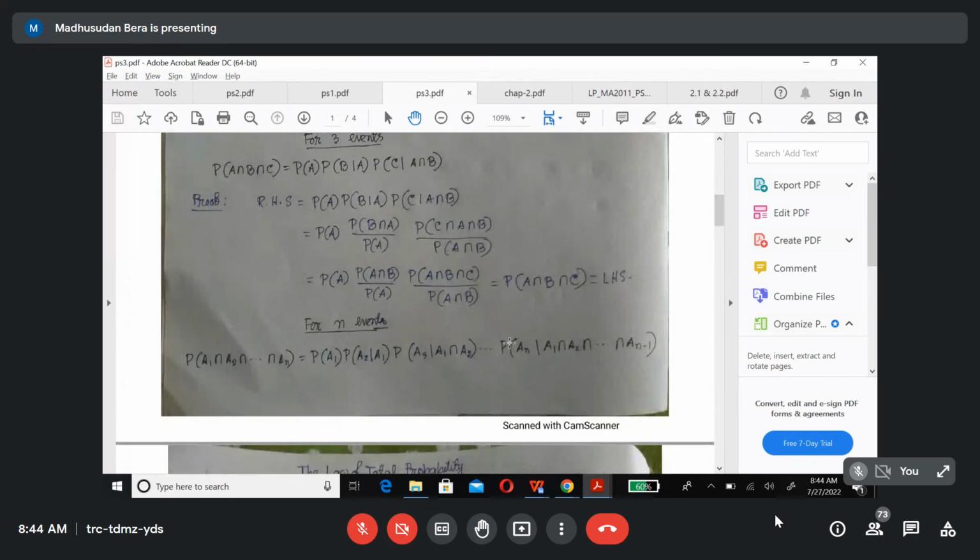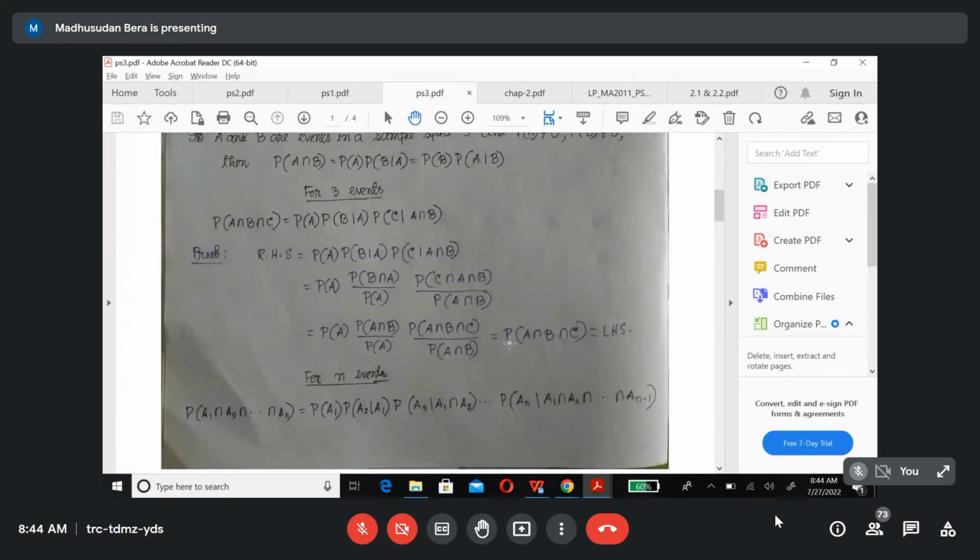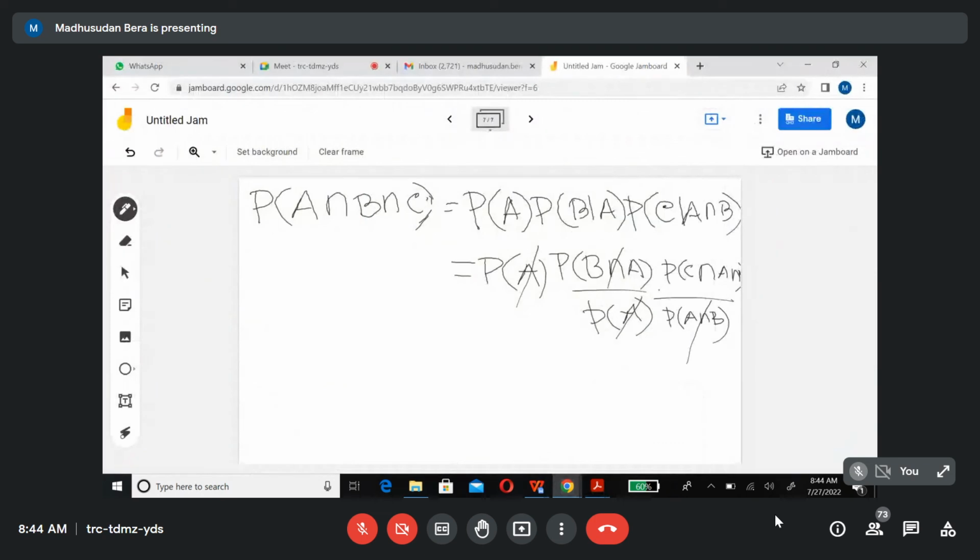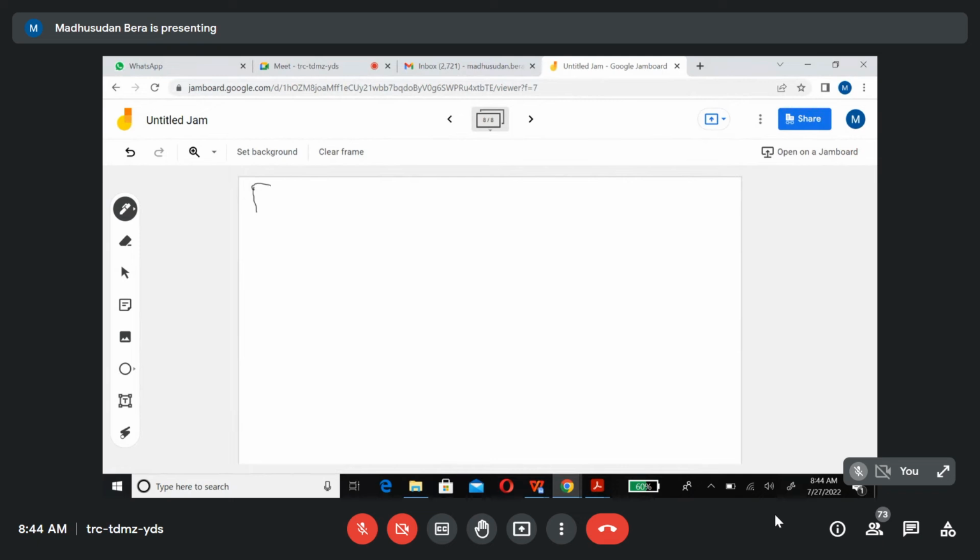Now what is the rule for any number of events? Suppose n events are there. In the same way we will write the probability of A1 intersection A2, up to An. What will that be? First the probability of the first one, P of A1. Then the next one given the previous, A2 given A1.